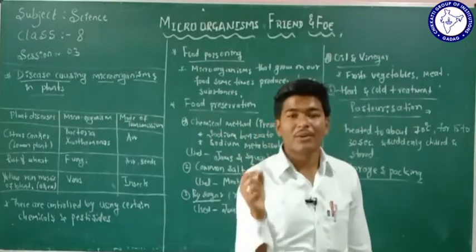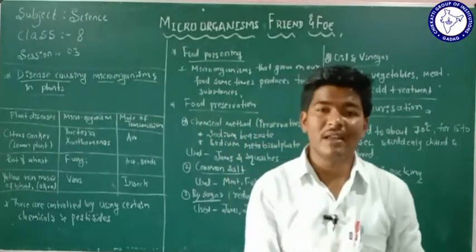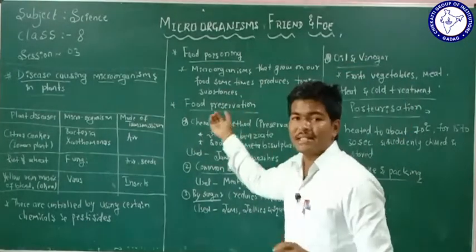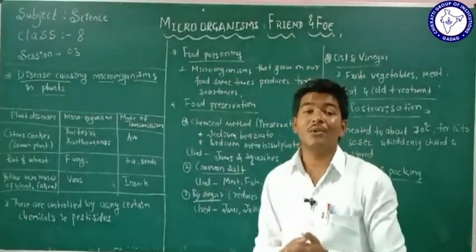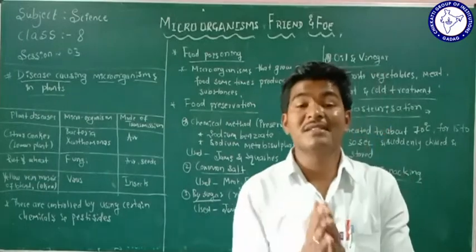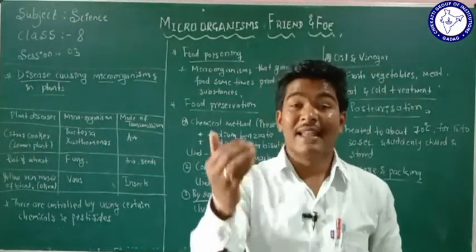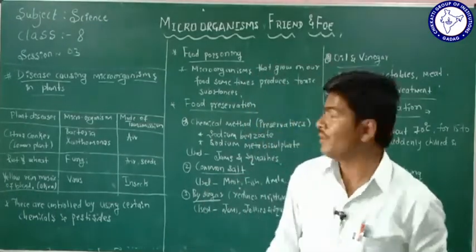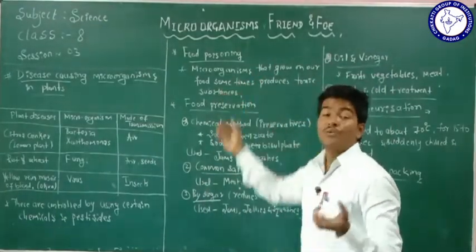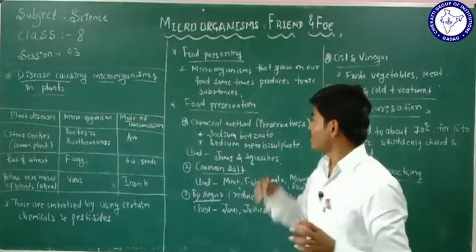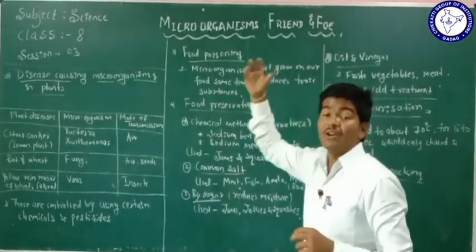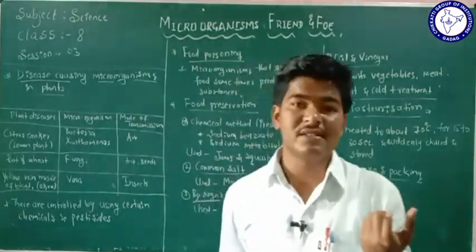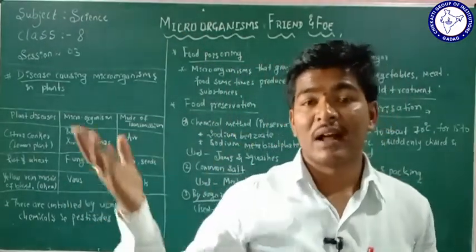But sometimes some of these bacteria produce toxic chemicals. Those toxic chemicals are very harmful to our body. When we eat food in which toxic chemicals were produced by bacteria, it causes food poisoning. This food poisoning also causes severe diseases. It may even cause death.